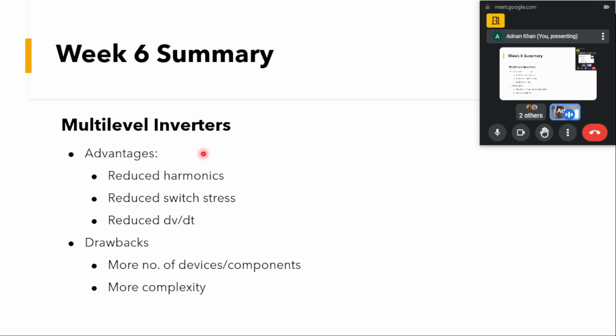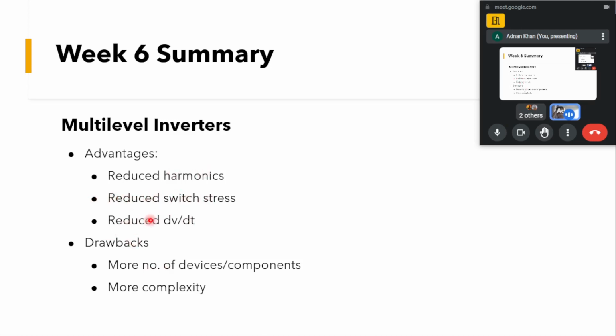Also, some of the switches only have to block going from 0 to VDC by 2, so they have lesser switch stress, and this will differ from topology to topology.